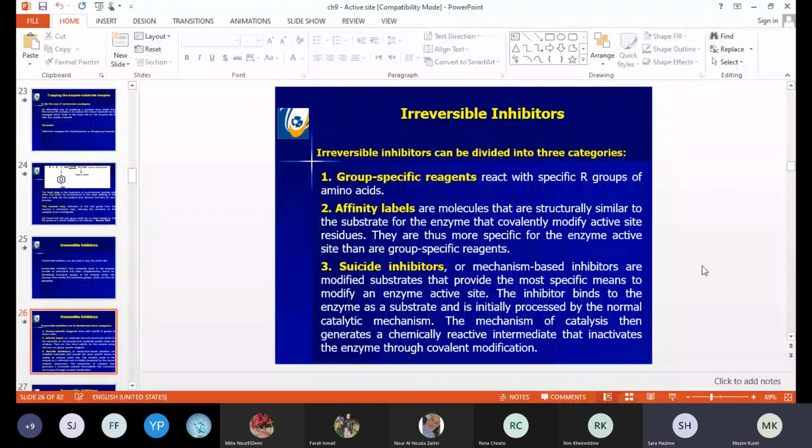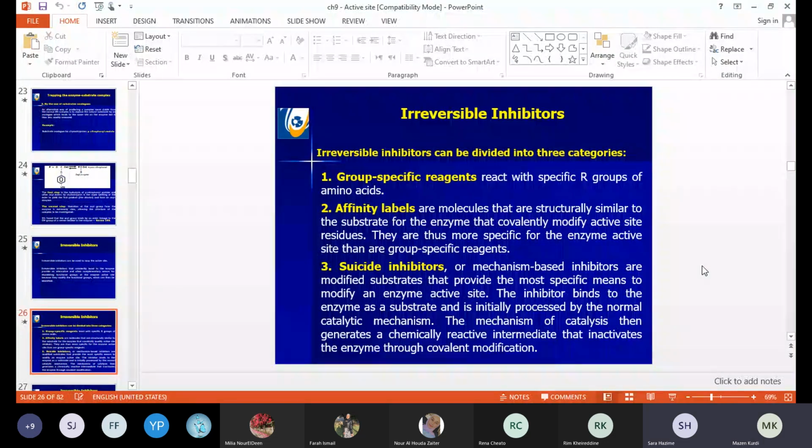So it is not like the affinity label, an analog with similar structure that binds and then stops there. No, like the substrate, it binds and the reaction starts, but once the reaction starts you form an intermediate. This intermediate during the reaction is a reactive intermediate that will inactivate the enzyme through covalent modification.